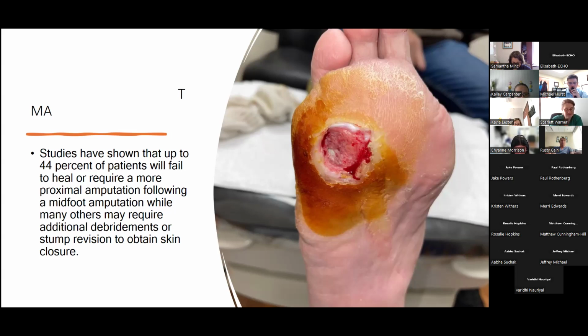Because of the location of the ulceration, as well as him already missing several of those digits, it was decided at that time that a transmetatarsal amputation was his best bet at getting healed the quickest and functionally getting back on his feet. He'd been dealing with this for quite some time. And so we had that discussion and he was agreeable to it.